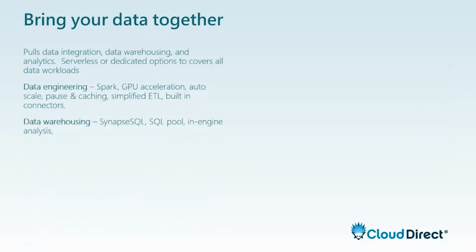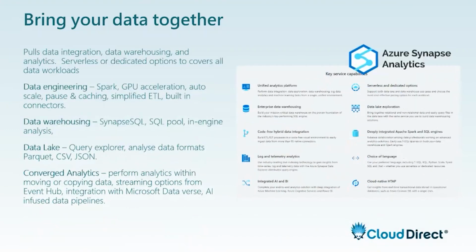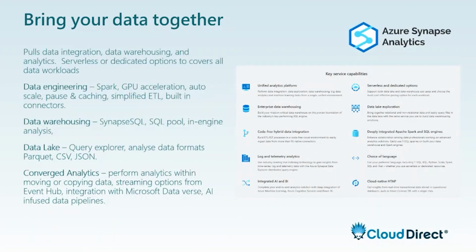So Azure Synapse is probably the answer for most of our problems, especially within data platform. A lot of what we've been doing within Cloud Direct is based around Synapse and Synapse Analytics. It's about putting together the integration components, the data warehousing aspects, and the analytics into a single product set where we can make some options.